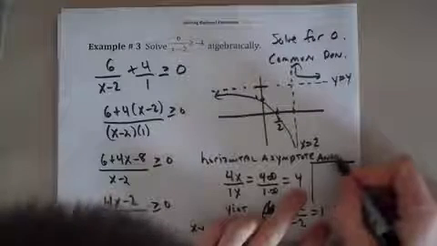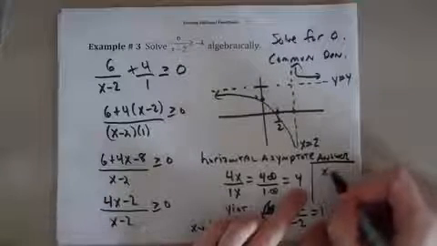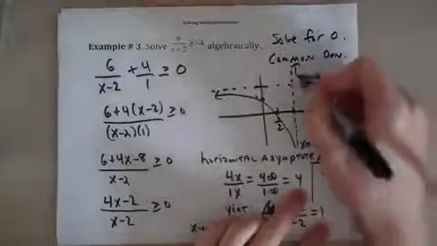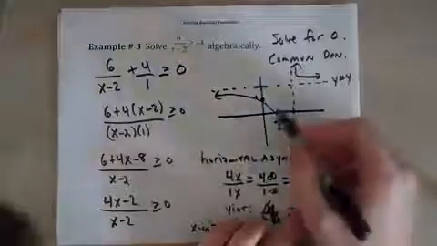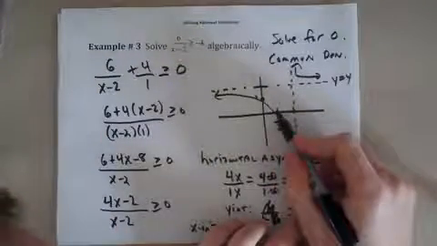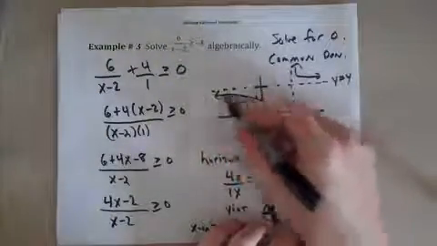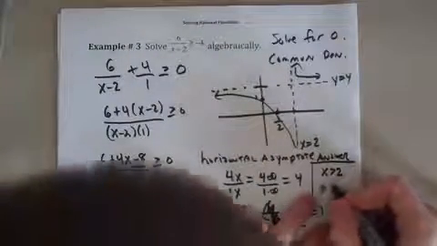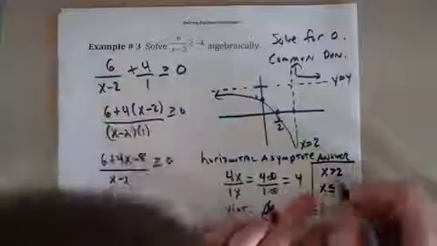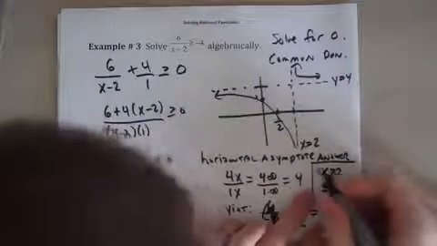Answer: x can be greater than 2, all these points over here, but you can't include 2, because that would be an undefined region. And then, at this x-intercept, you're equal to 0, and all of these points going this way are going to be greater than 0. So we're also going to have x is less than or equal to, this time, a half.